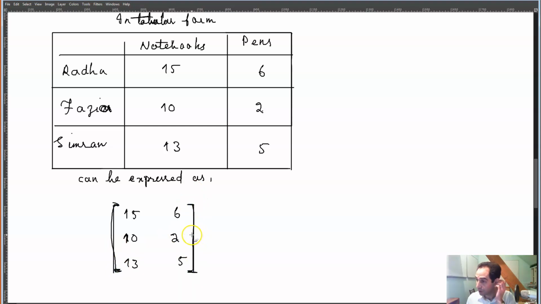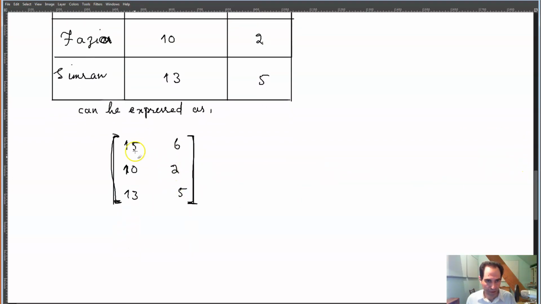So now you can see that since the number of elements inside the bracket is more than one, I get a number of rows and a number of columns. So I have 3 rows here and 2 columns.